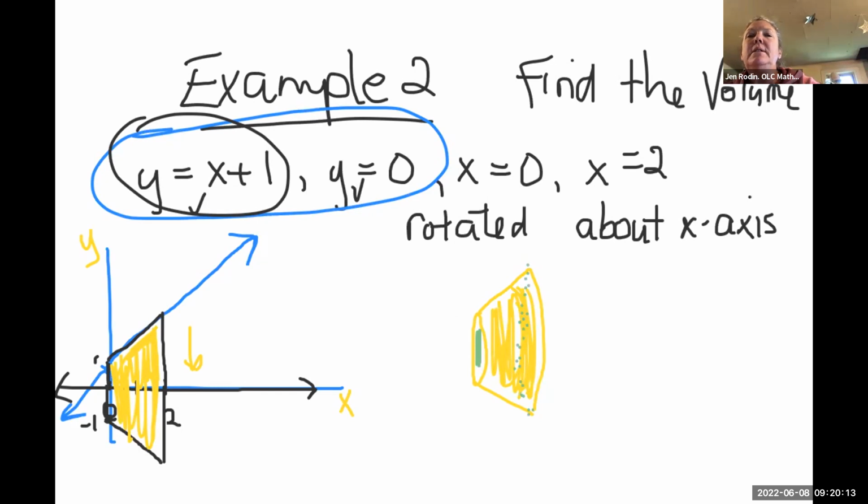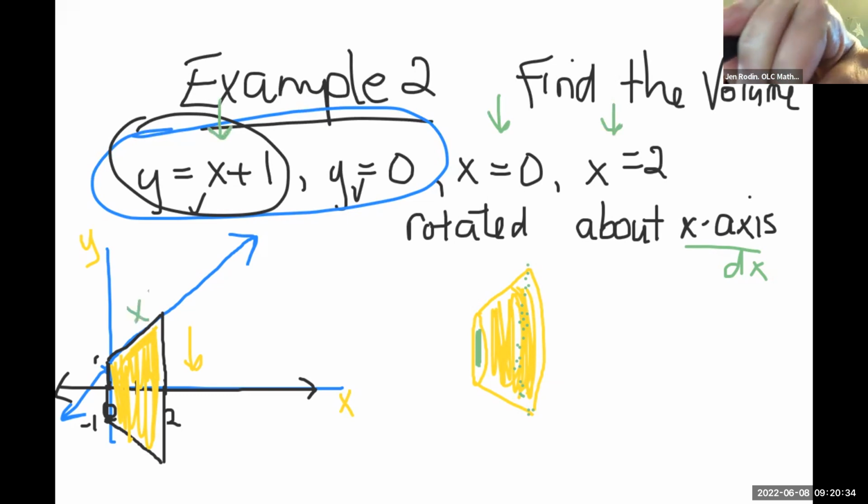Then I think it helps to just say, okay, it's in terms of x, so it's going to be dx at the end of it. The limits of integration are on the x-axis. The radius that we're going to use is this top one.